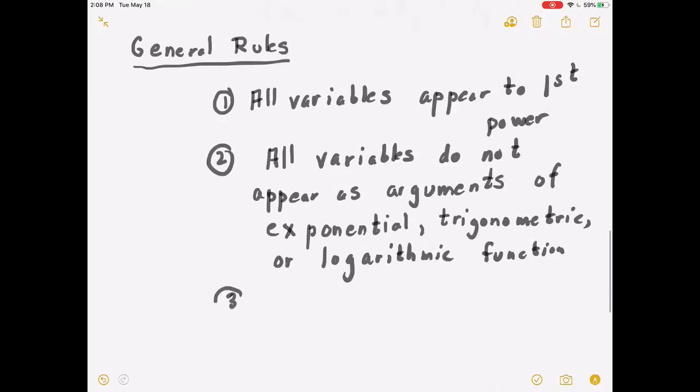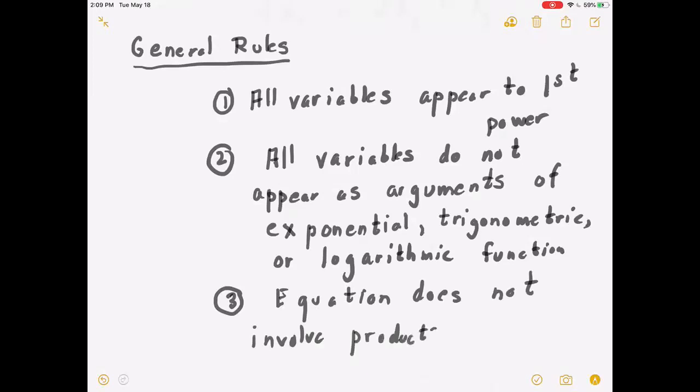And third, the equation does not involve products or roots of variables.